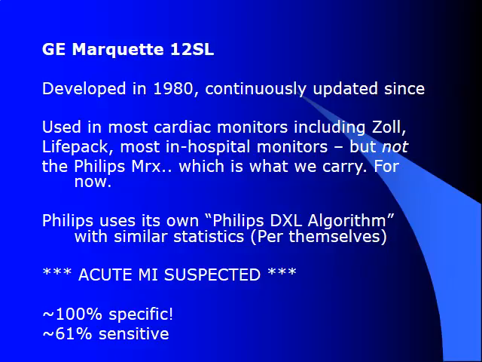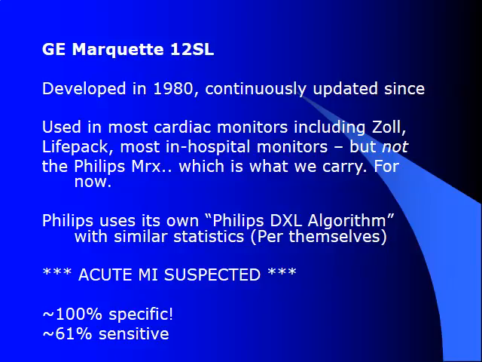Okay, so the GE Marquette 12SL is the most commonly used algorithm for cardiac monitors. Whenever the cardiac monitors record a 12 lead, they're going to use this algorithm to make a determination. If they find ST elevation, they make a determination on whether or not they think the ST elevation is caused by an acute MI or something else.